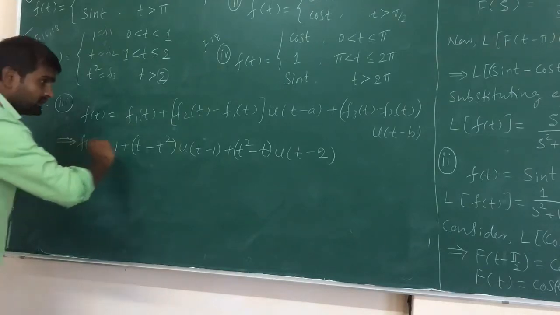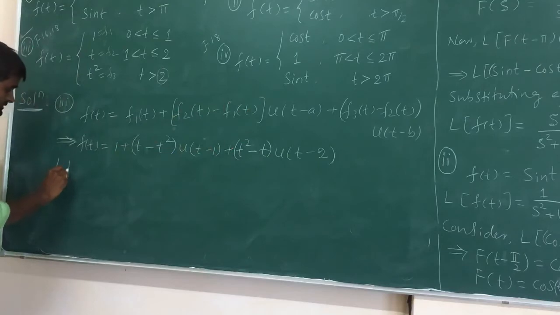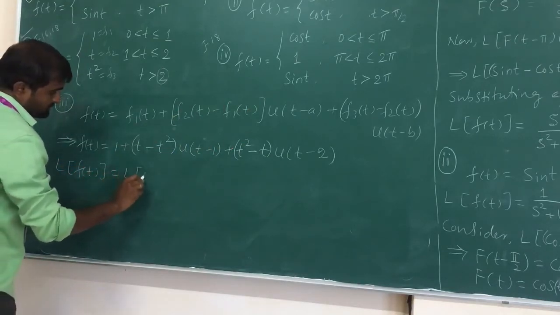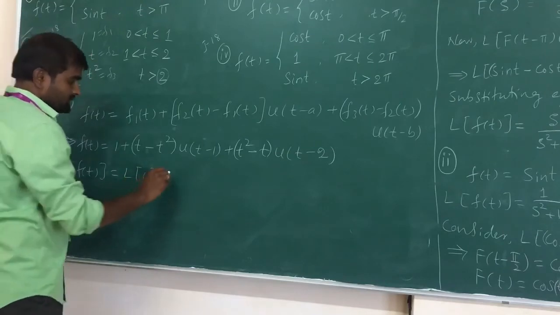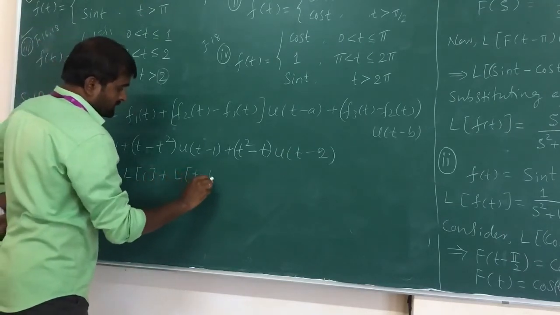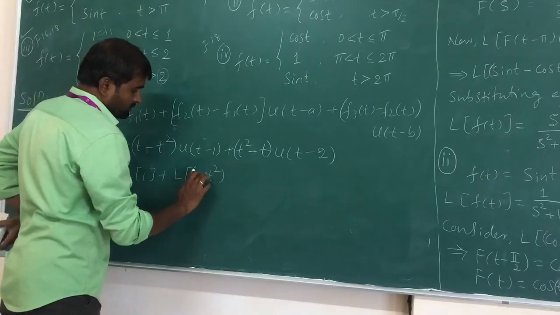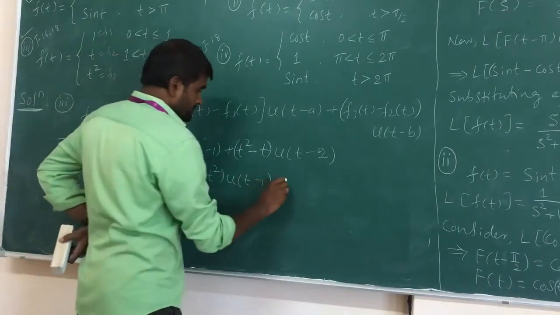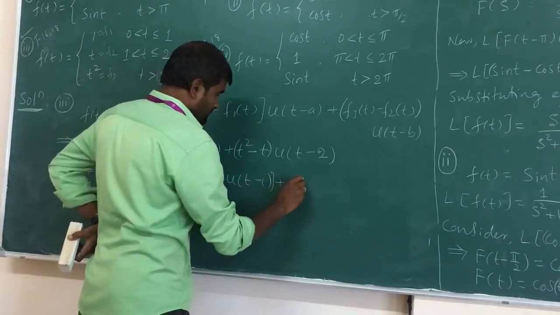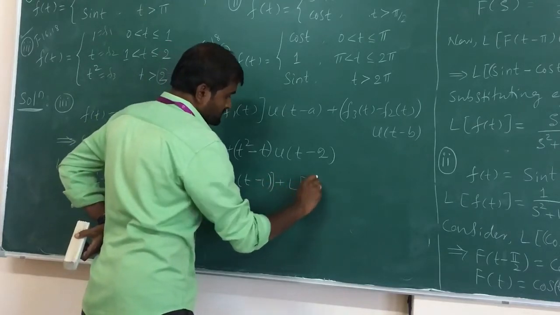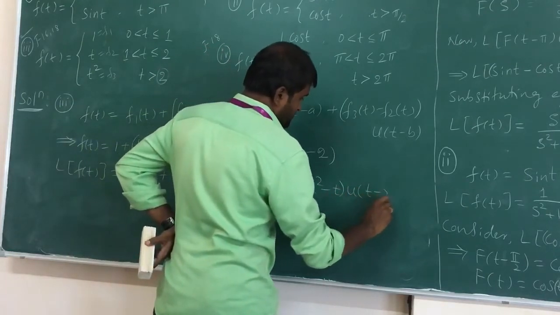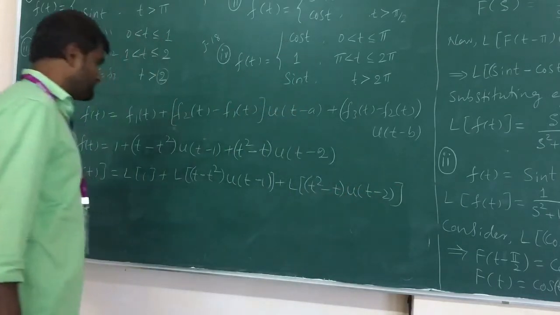Now applying the Laplace transform on both sides. L of f of t equals L of 1 plus L of t minus 1 into u of t minus 1, plus L of t square minus t into u of t minus 2.